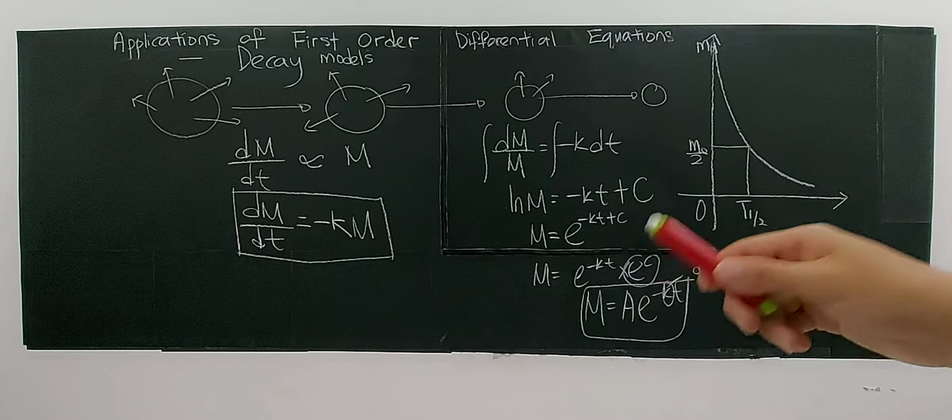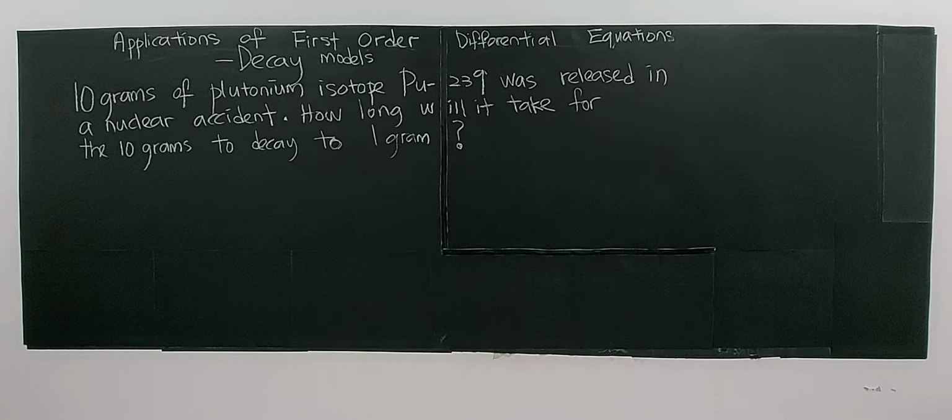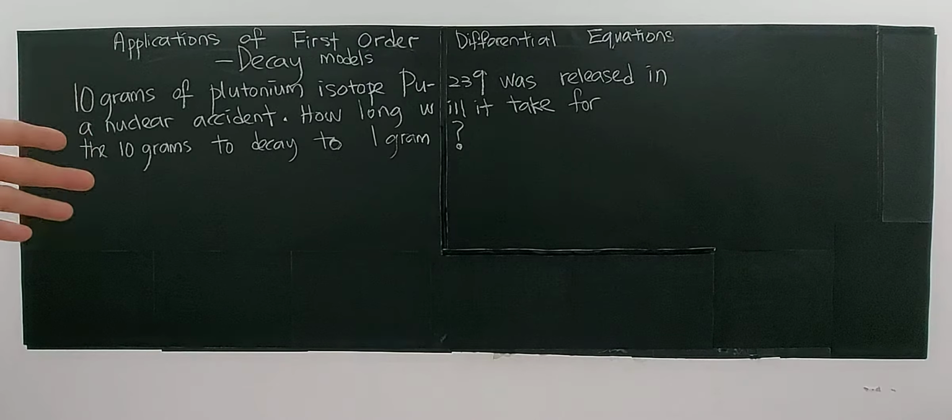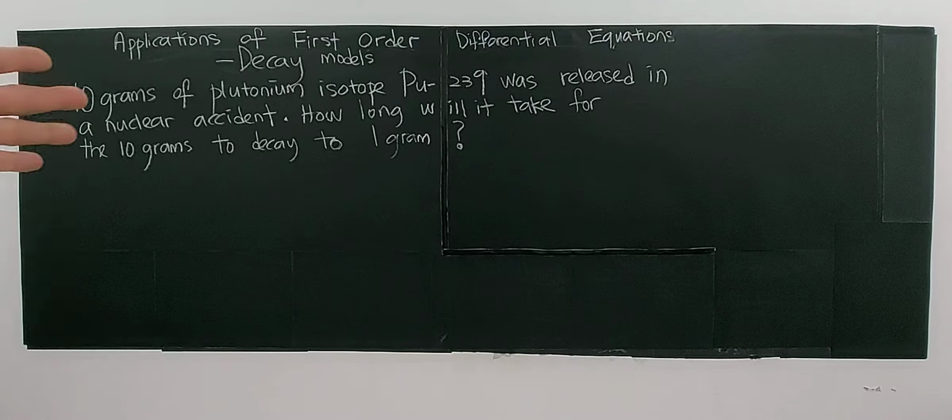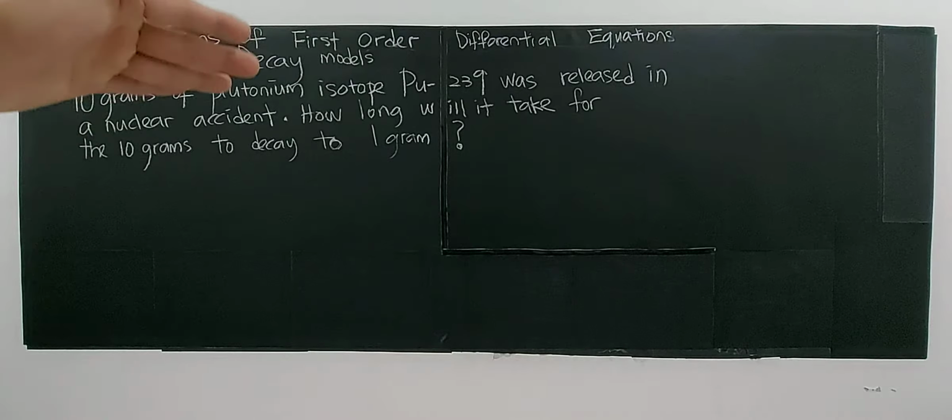Okay, let's look at this example. I just want to tell you how the first order differential equation applies to a decay model. This is a case where there are 10 grams of plutonium.